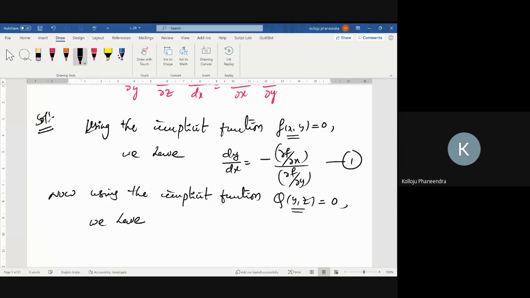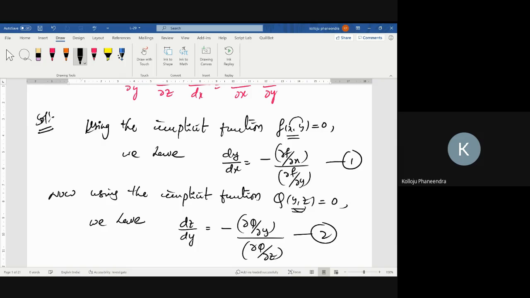Therefore, this is dy by dx; here it is dz by dy. That is the change. Dz by dy equal to, what is the first one? Phi derivative with respect to y, first variable. Next, phi derivative with respect to z. This is minus, equation 2.